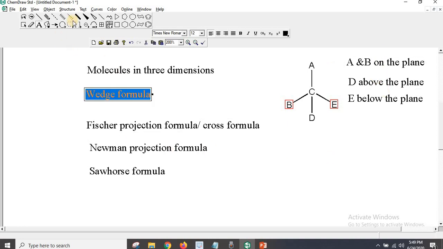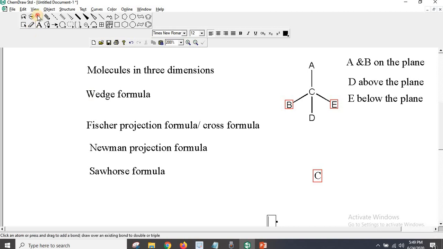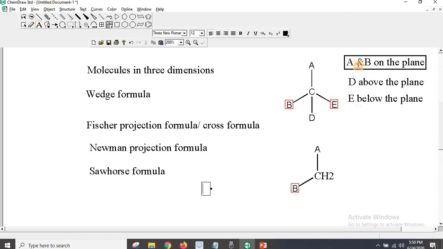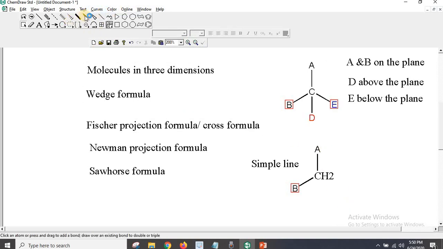This is the central carbon atom, around which there is bond A on the plane and bond B on the plane. The bonds which are on the plane are given by a simple line. How can I draw D? Because D is above the plane.